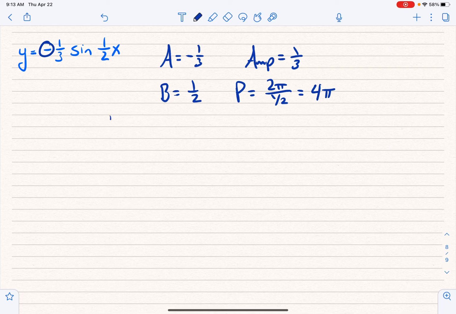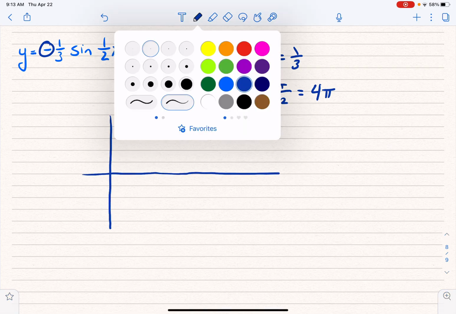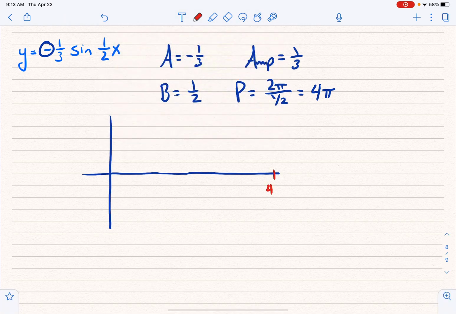All right, when I'm graphing this, I can draw my axis. Doesn't have to be perfect. I know that this whole thing ends right here at 4 pi. Halfway between those two is 2 pi, halfway between those two is pi, halfway between here, 3 pi. I know that my amplitude is 1/3, so I'm going to make this easy on myself and say, here's positive 1/3, and here's negative 1/3.